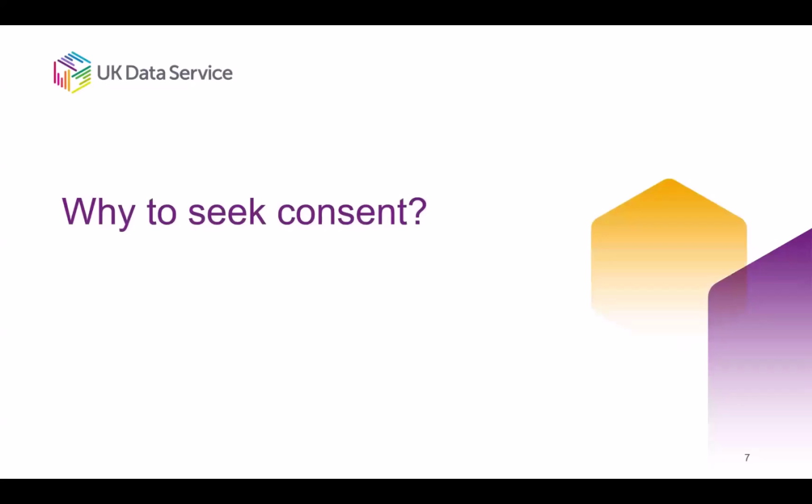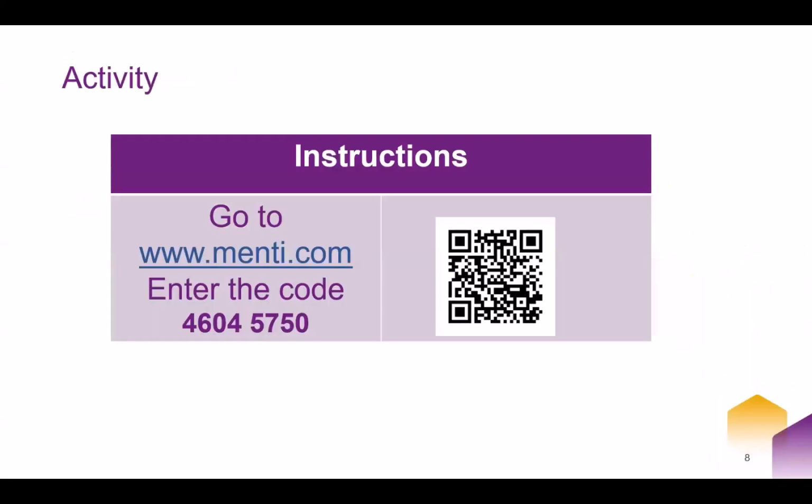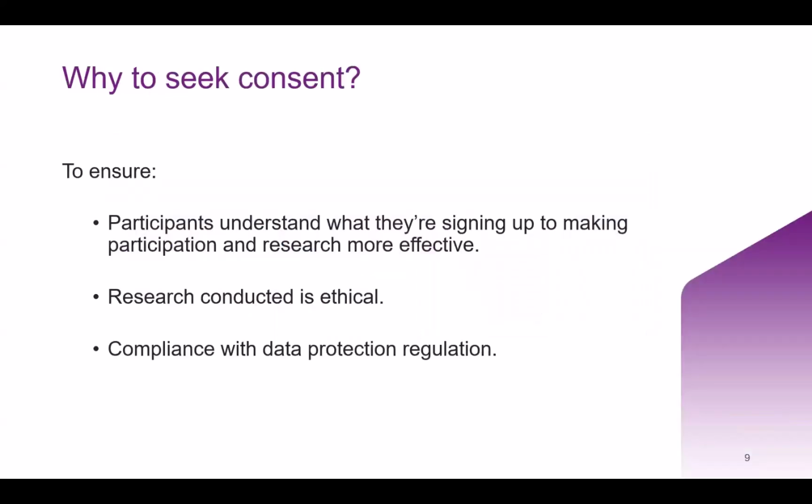So yeah, I have already asked this question so that you don't have to go to the Mentimeter again. As you have mentioned, informed consent is the process by which a researcher discloses appropriate information about the research so that a participant may make a voluntary, informed choice to accept or refuse to participate in the research.